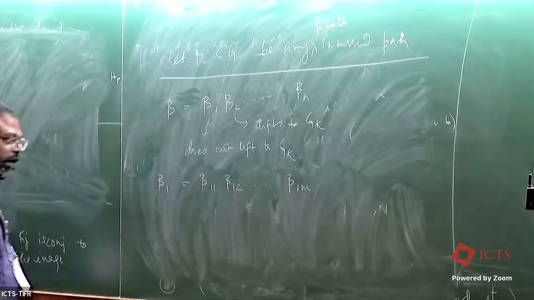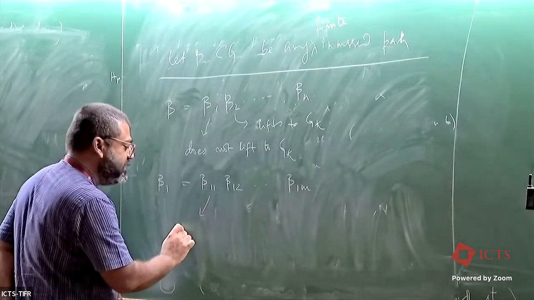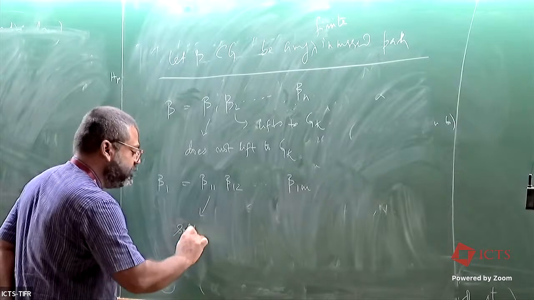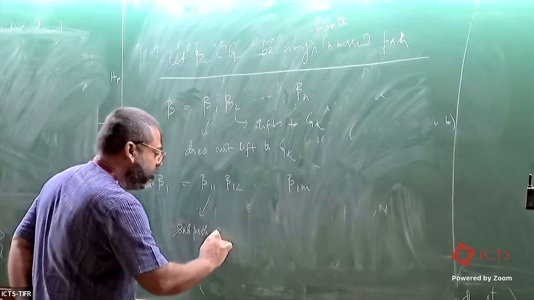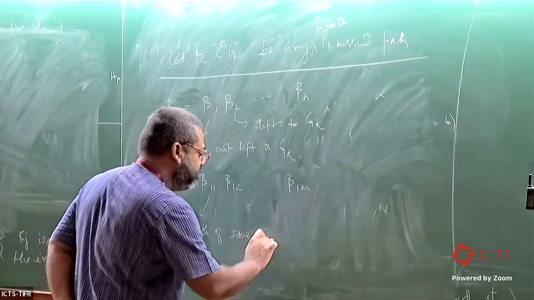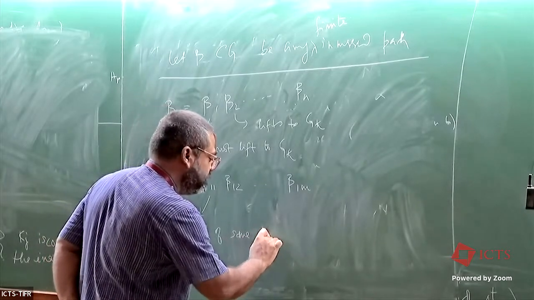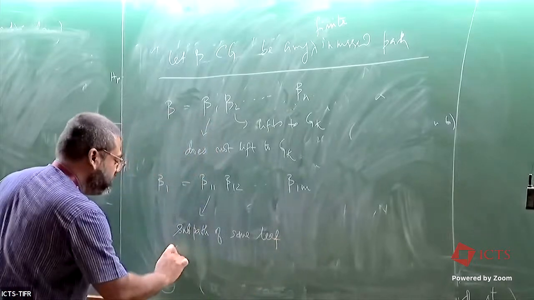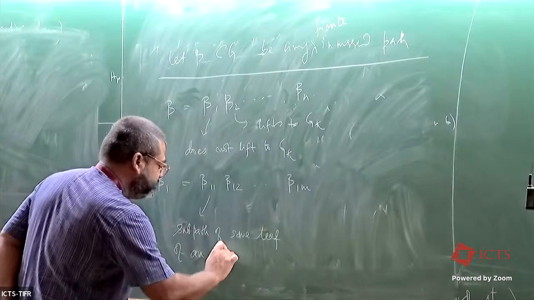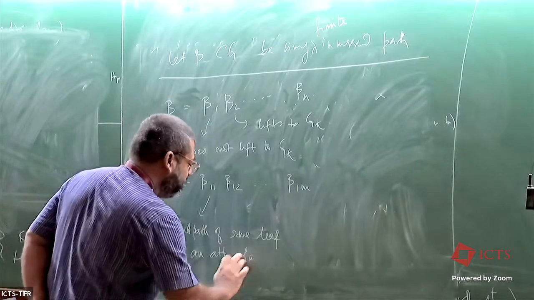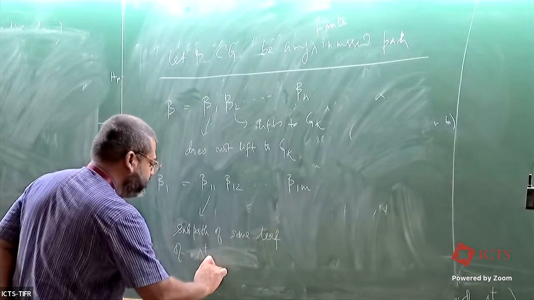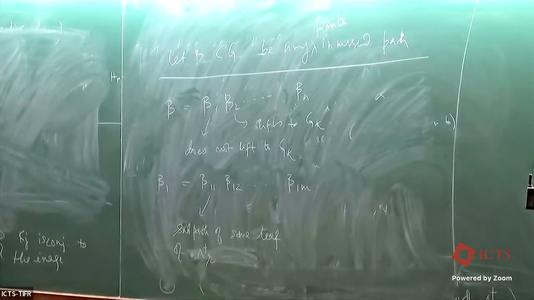And what are these? This is a leaf segment, a subpath of some leaf of an attracting lamination lambda.